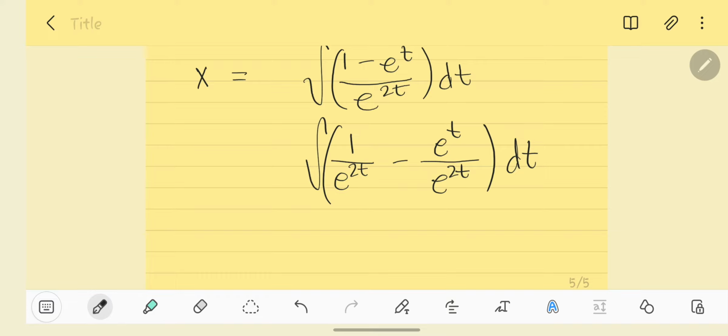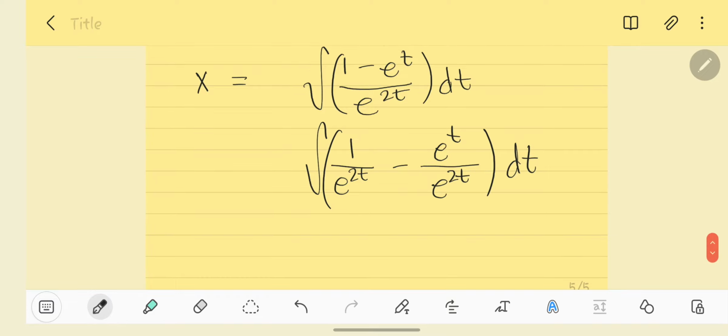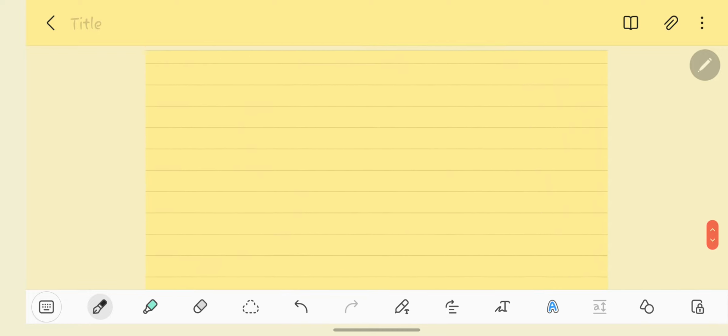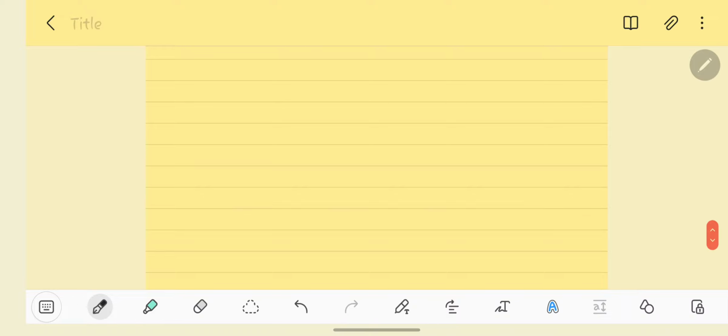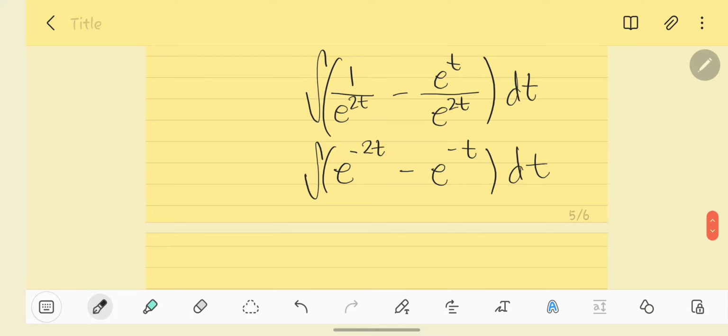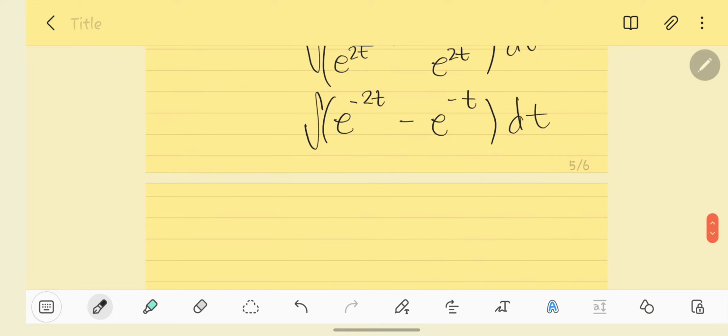This simplifies to e to the negative 2t minus e to the negative t dt. But you know that the integral of e to the u du is e to the u.